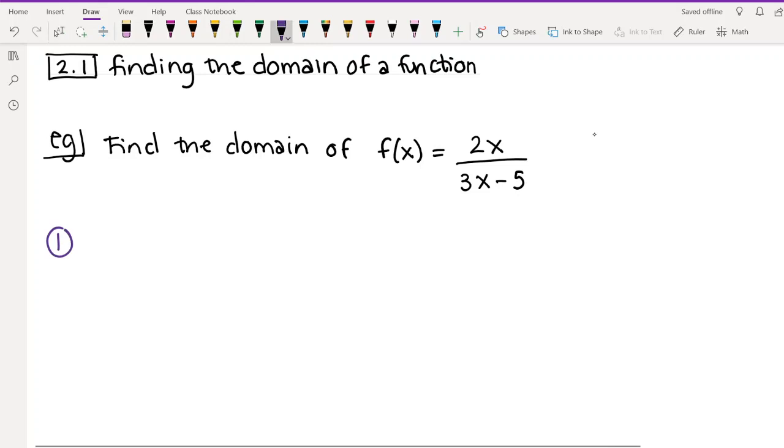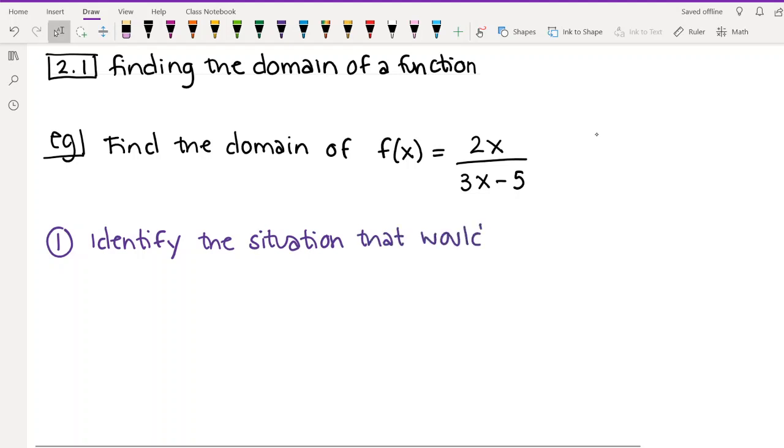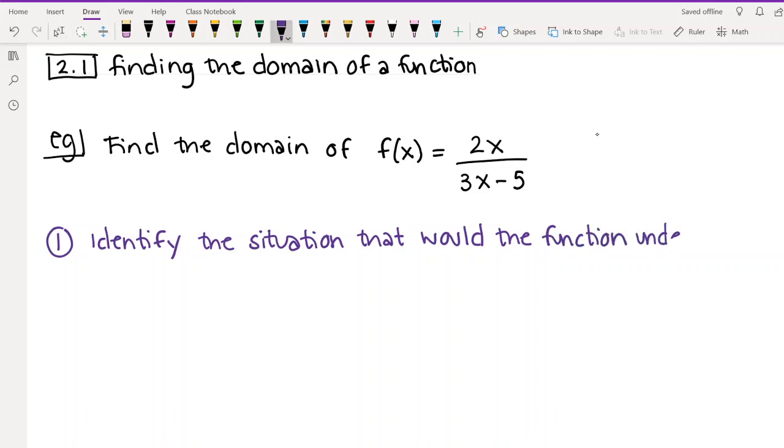So the first step is to identify the situation that would make this function undefined. And so that's going to vary, right, depending on what your function looks like. In this case, our function has a denominator, right?